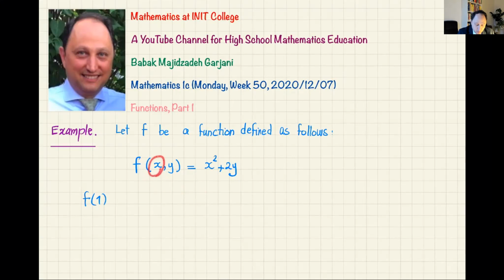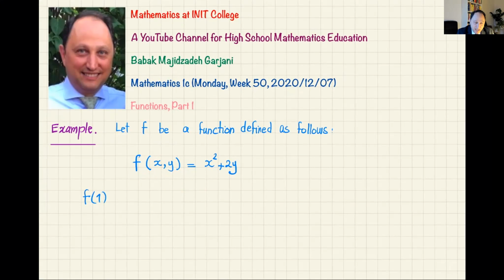I'm communicating with you that this x is the name of the first entry. This y is the name of the second entry. Okay, so if I give you this function, I am not allowed to ask you about f of 1, because I'm just giving you one input, but you see that there are two inputs involved. Okay, so now I think you understand what's going on without me actually having to tell you.